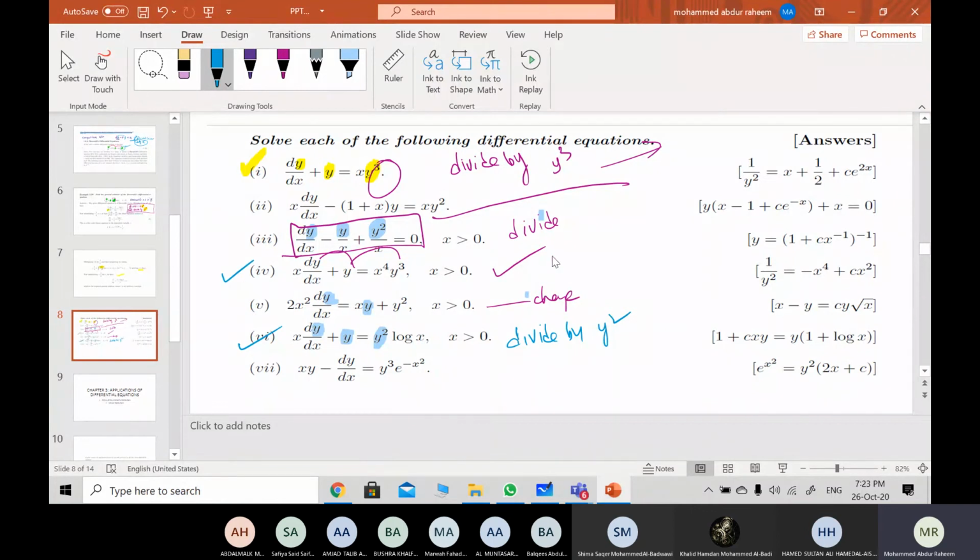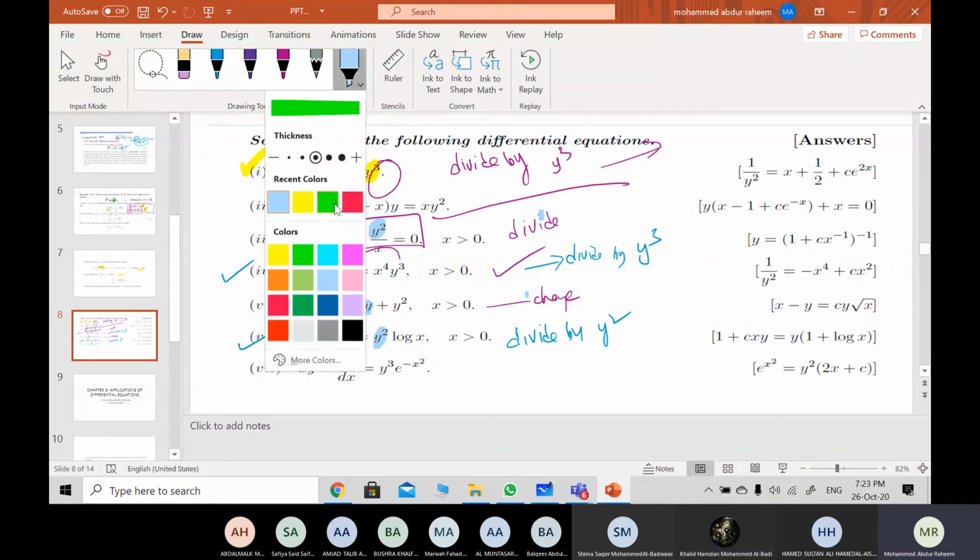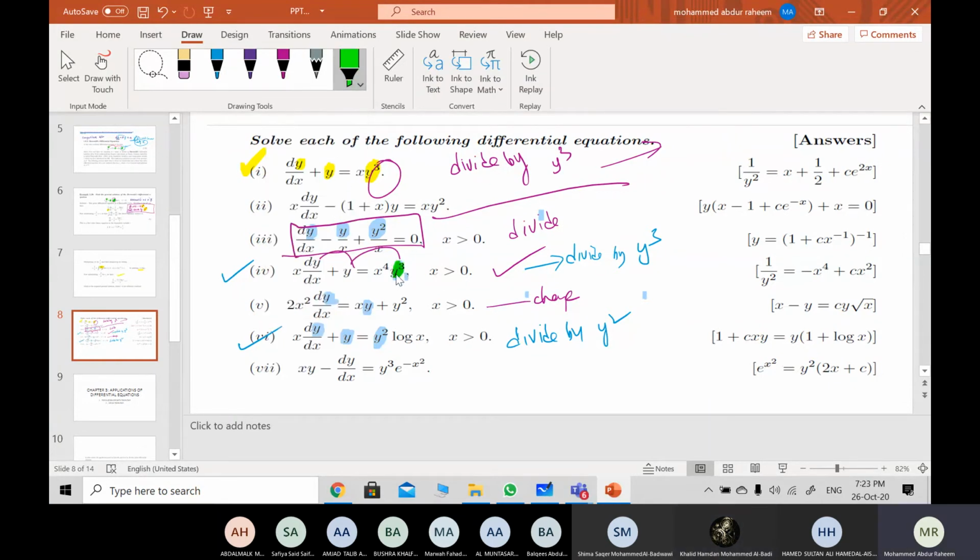Okay. Divide with what? y power 3. We say y cubed because here it is cubed. This is not in standard form. This is in standard form. Yes, good.